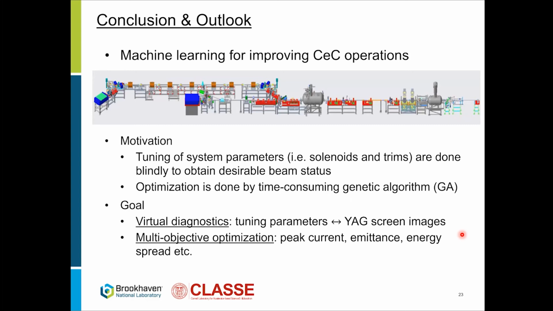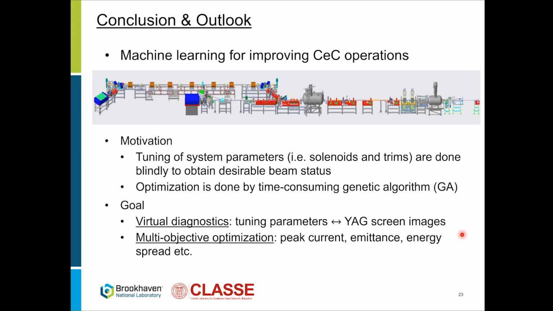CEC is a stochastic cooler currently working to cool hydrogen beams at RHIC. The motivation is that right now, the tuning of all the system parameters is done blindly, basically manually by an experienced operator to obtain the desirable beam status.